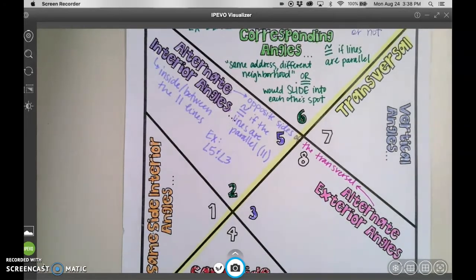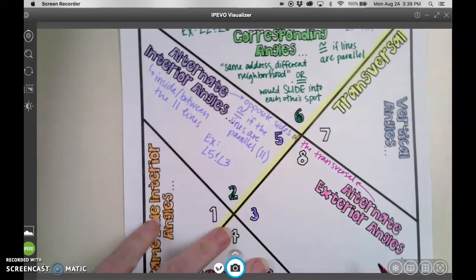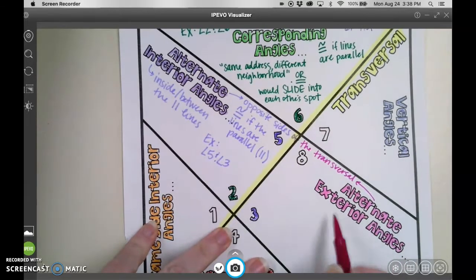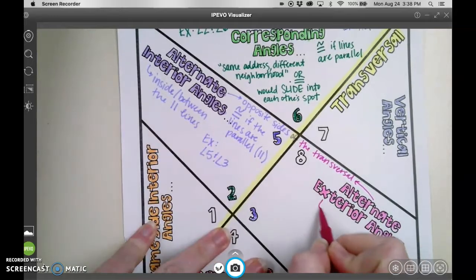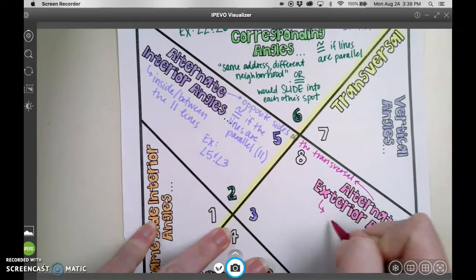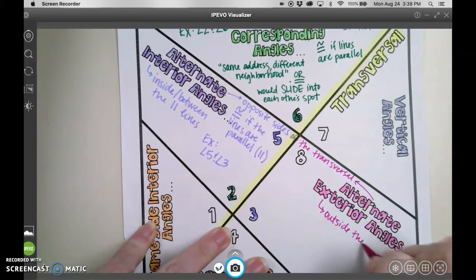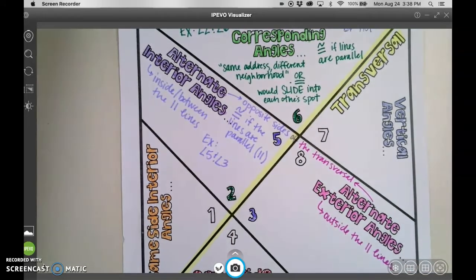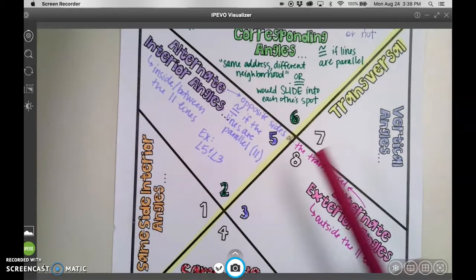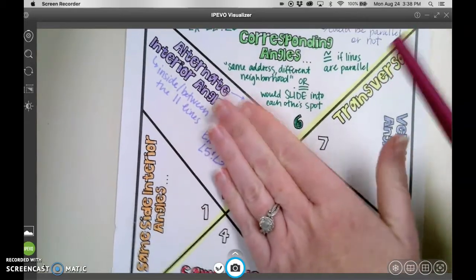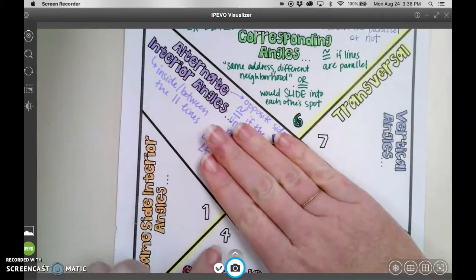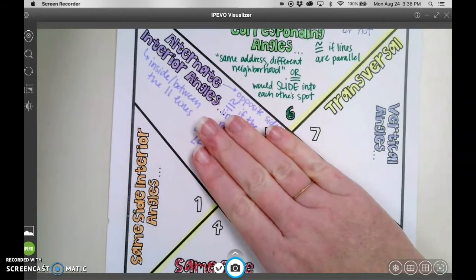Alternate exterior angles are pretty much the same idea, but instead of being in between or inside, exterior means outside the parallel lines. So if our angles in here were interior, then 1 and 4 and 6 and 7 would be the exterior angles.